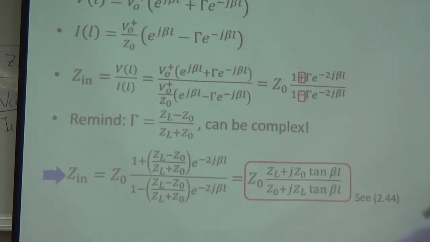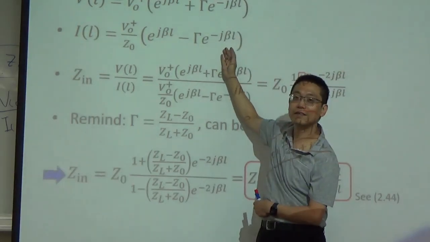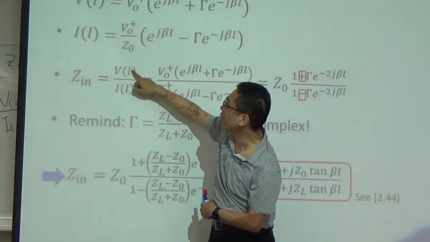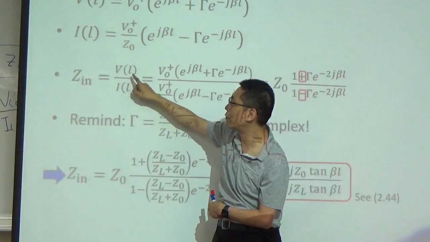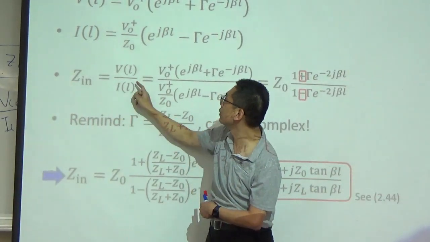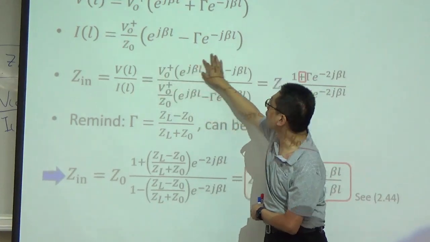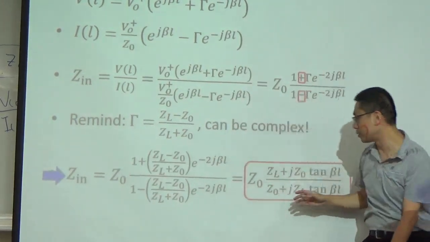So actually it's totally the same thing as what I did on the whiteboard. You put everything in, all the voltage and all the current as a function of L to describe your Zin. And then you just do the organization, and you will find the result.